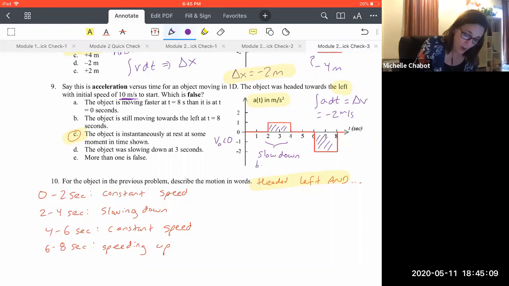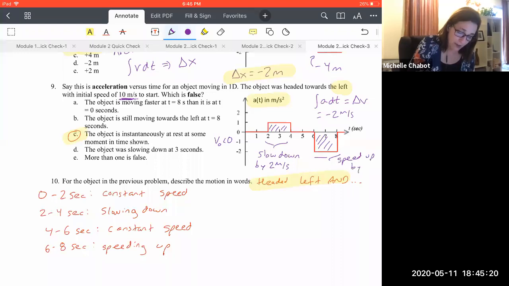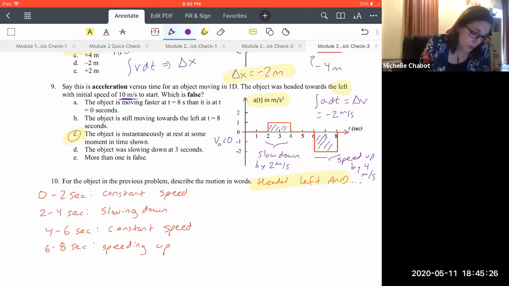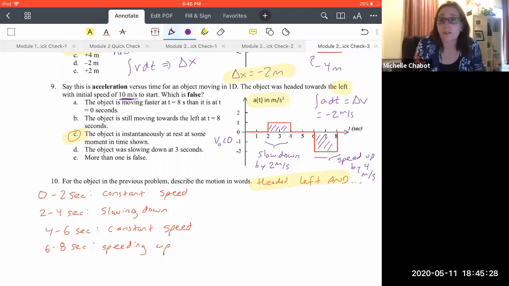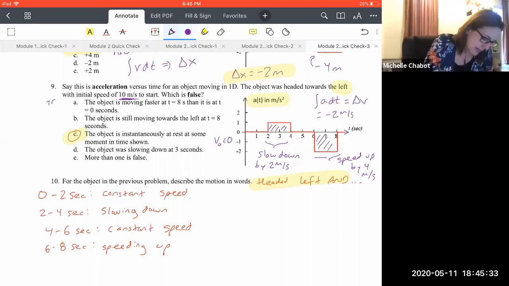I'm going to slow down by 2 times 1, so by 2 meters per second. And then here, I'm going to speed up by 4 meters per second because it's to the left. So the object is moving faster. I'm headed to the left, but my speed is larger. So A is a true statement.